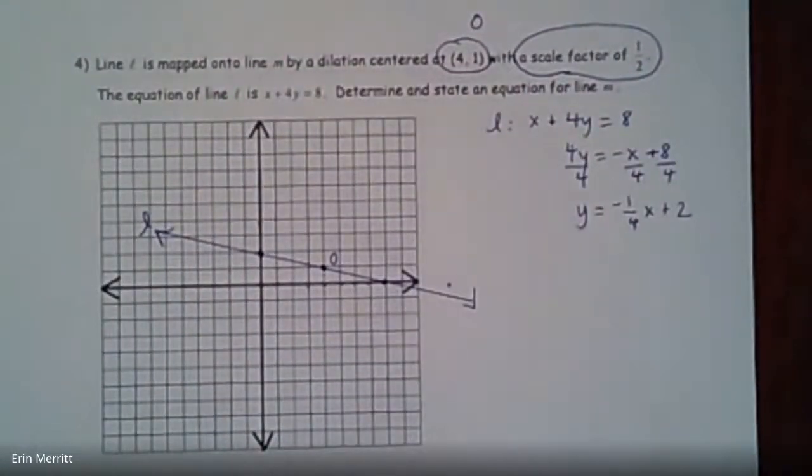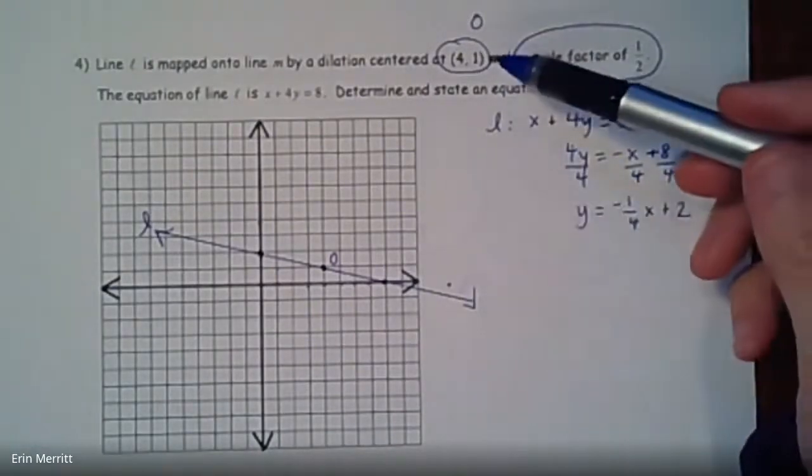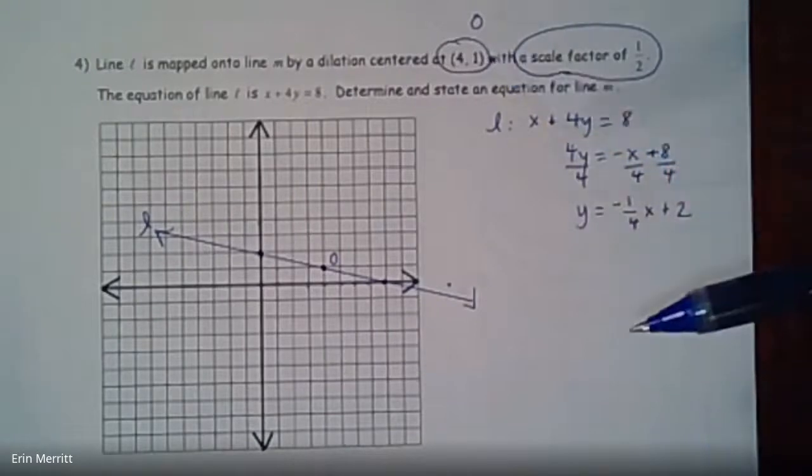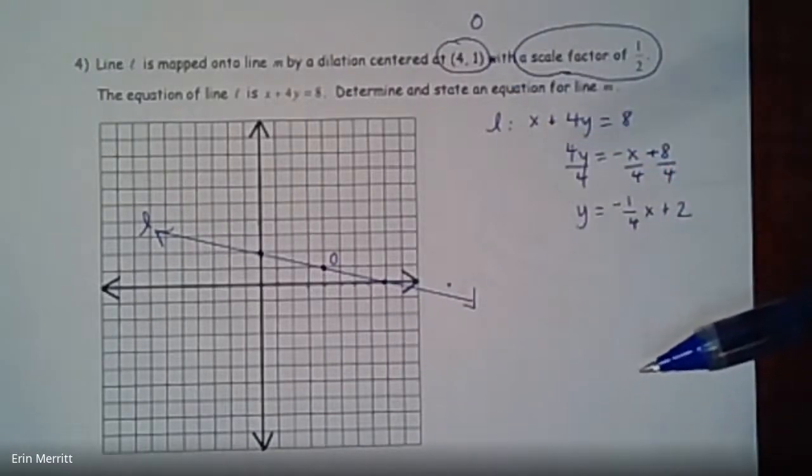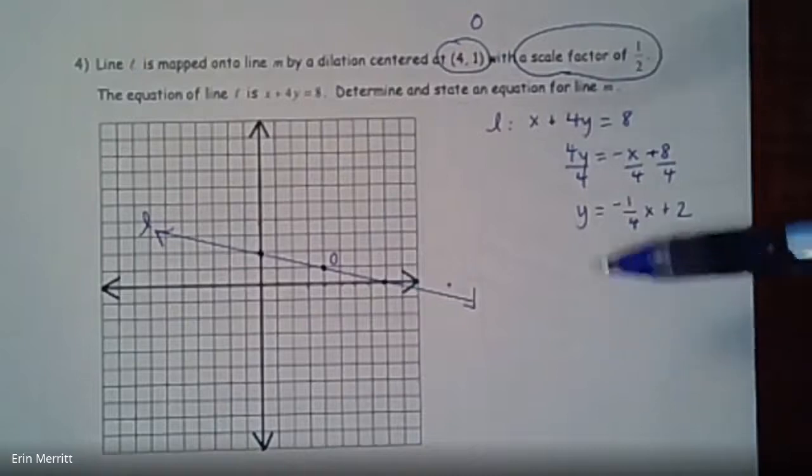All right. What you might have already started to notice is that line L goes directly through the center of dilation. So if I ask you to dilate the points, can we do it? Technically, yeah, we can.